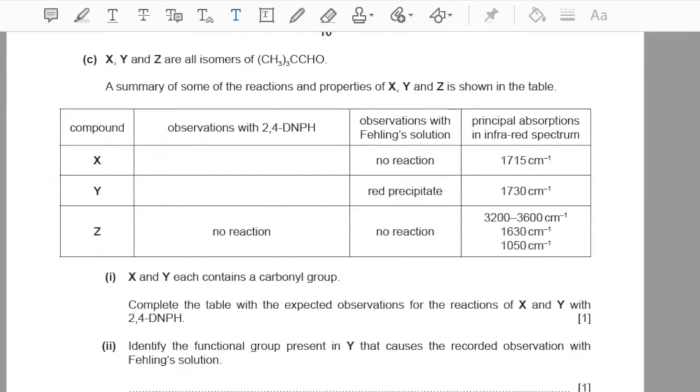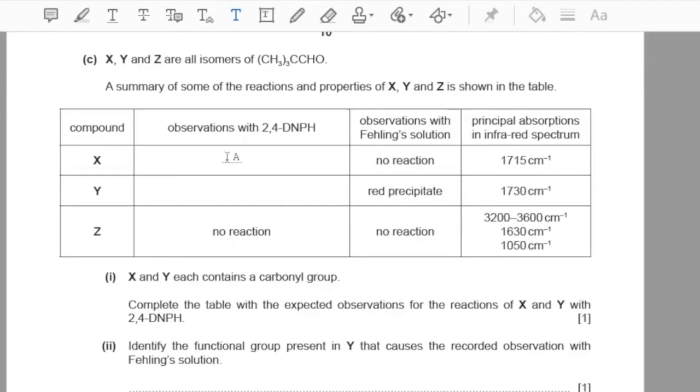Part C, X, Y, and Z are all isomers of CH3 thrice CCHO. A summary of some of the reactions and properties of X, Y, and Z is shown in the table. X and Y each contain a carbonyl group. Complete the table with the expected observations for the reactions of X and Y with 2,4-DNPH. So 2,4-DNPH, which is dinitrophenylhydrazine, is a reagent which identifies if a carbonyl compound is present in a solution.